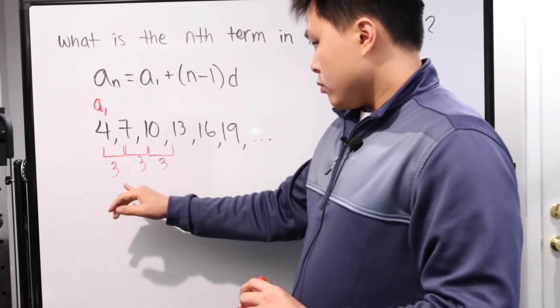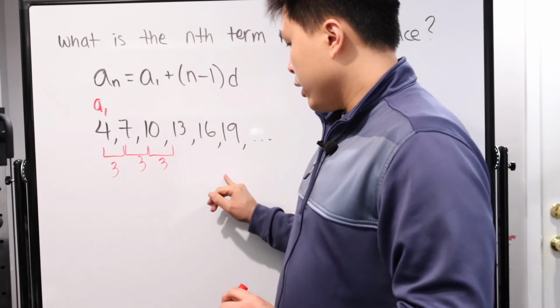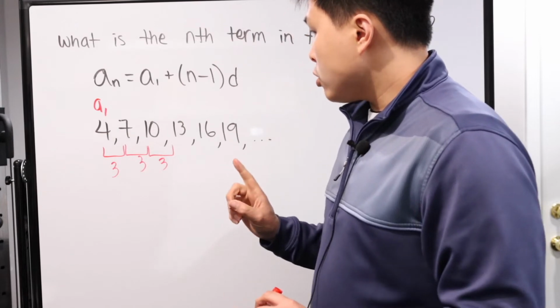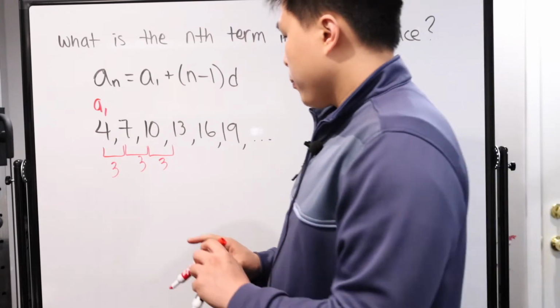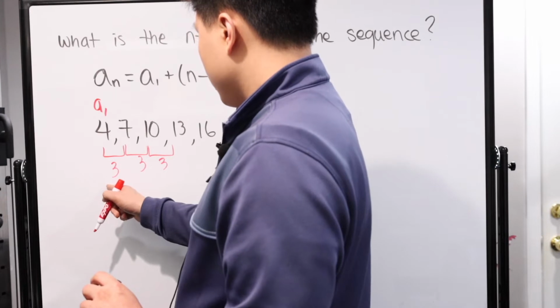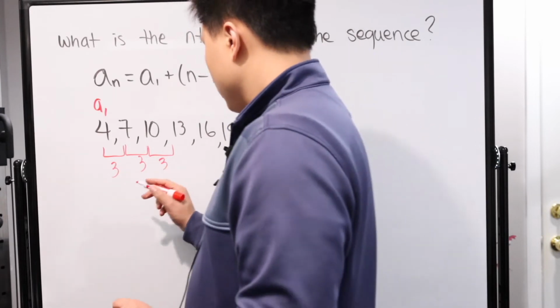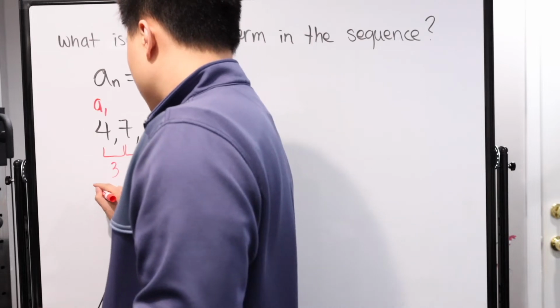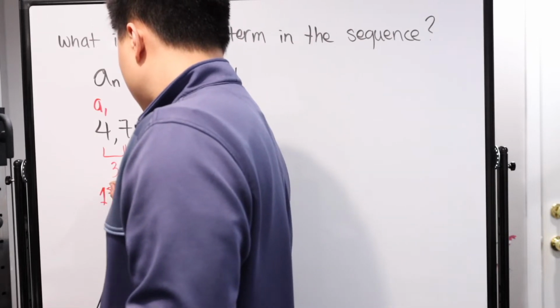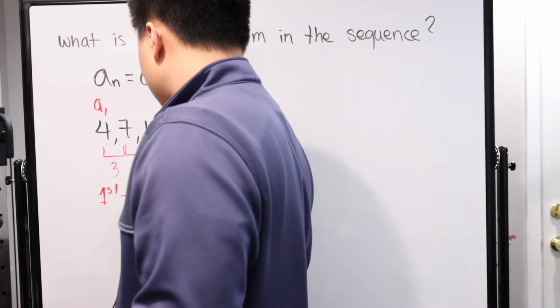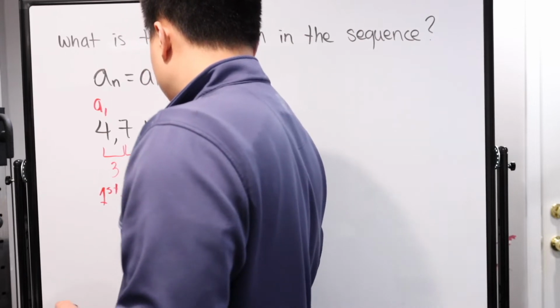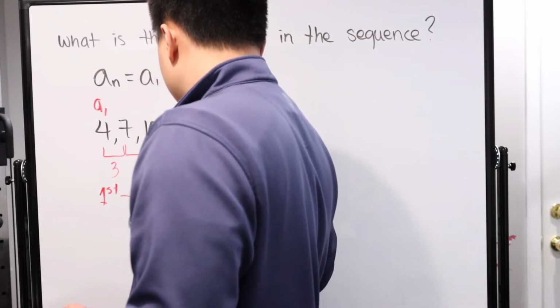Now, we know that it's always going to be 3 every time. Well, we also know something else. From here to here, that's technically one difference. So from our first to second term, that's one difference.